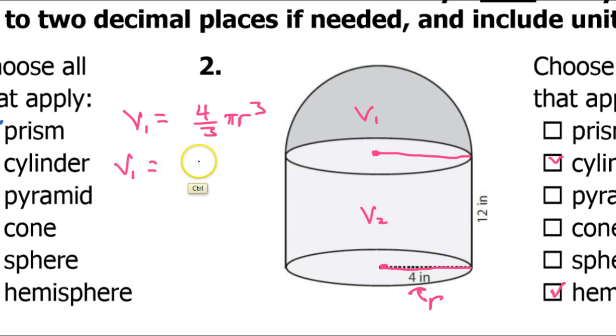If this were a whole sphere, the volume would be 4/3 pi times 4 cubed. But that would be for a whole sphere. This is half of a sphere, so I'm going to take half of this.